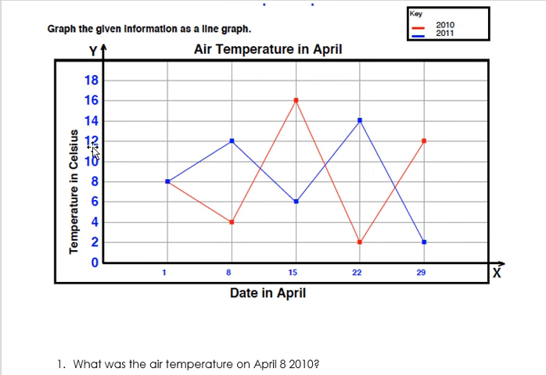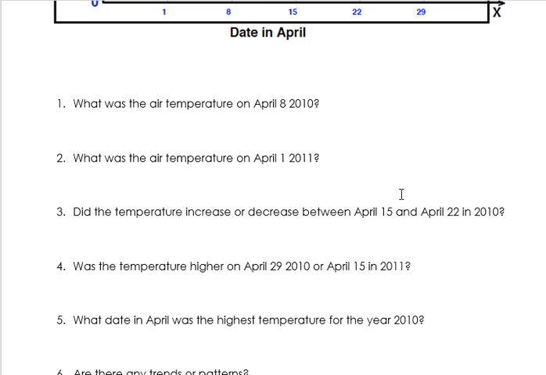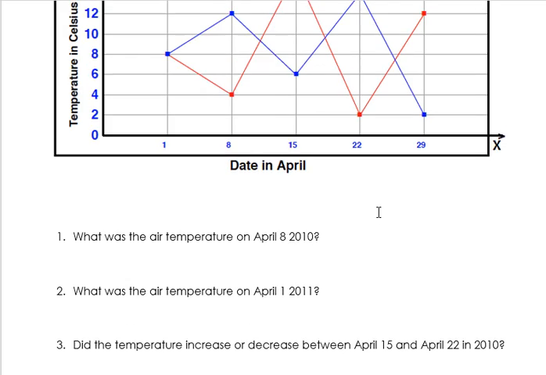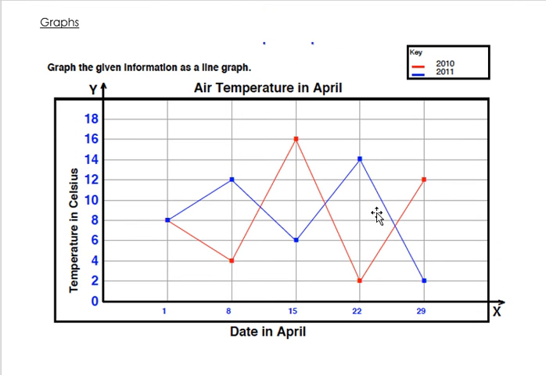That's how hot it was. And then it was asking us April 15, 2011. So we find April 15, we find 2011, we see how hot it is, and we make our answer of what is hotter between those 2 dates.